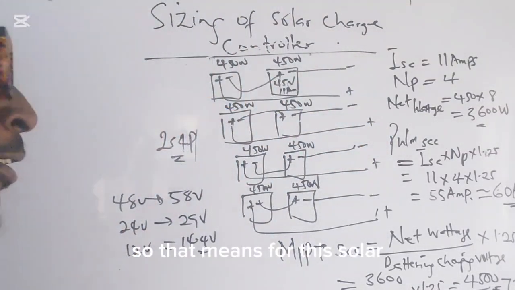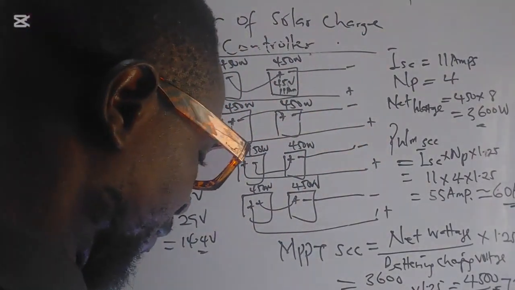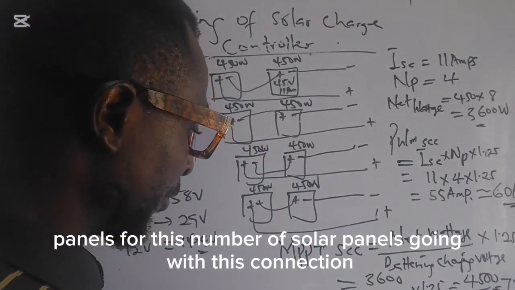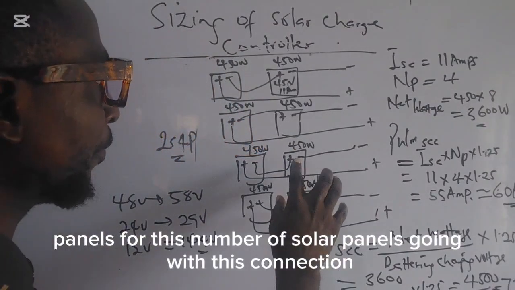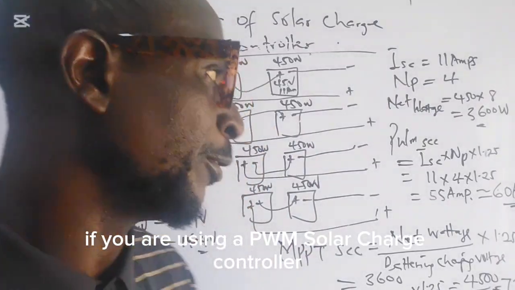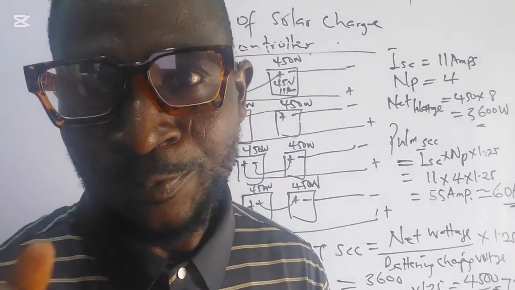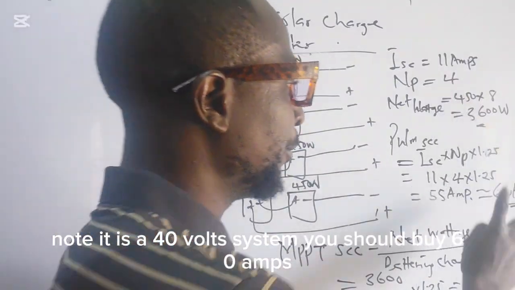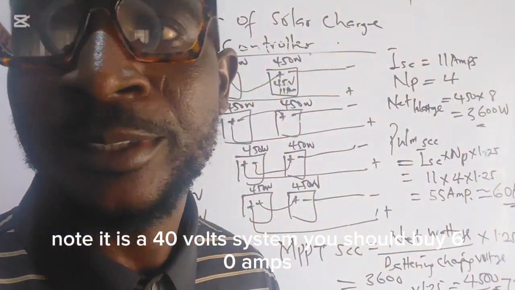So that means for this number of solar panels going with this connection, if you are using a PWM solar charge controller, note it is a 48 volt system, you should buy 60 amps.